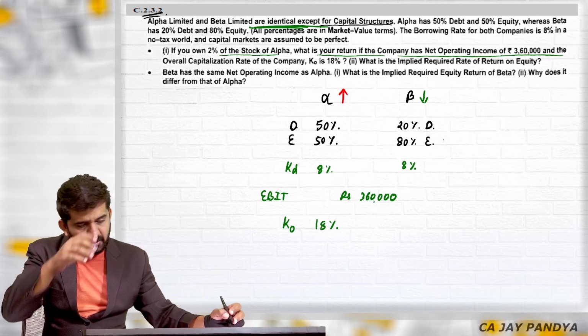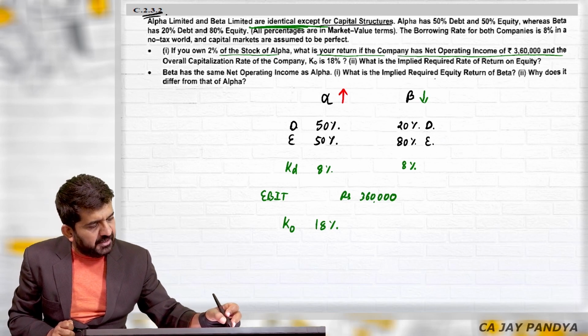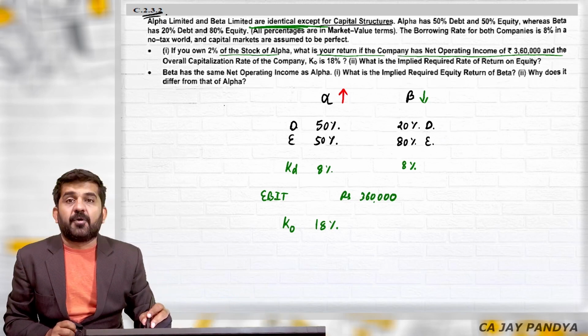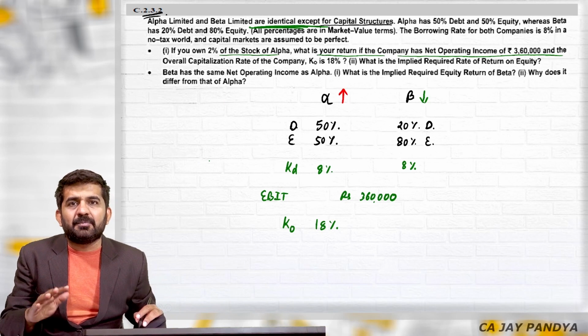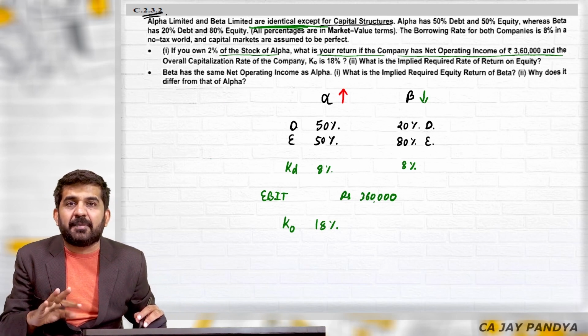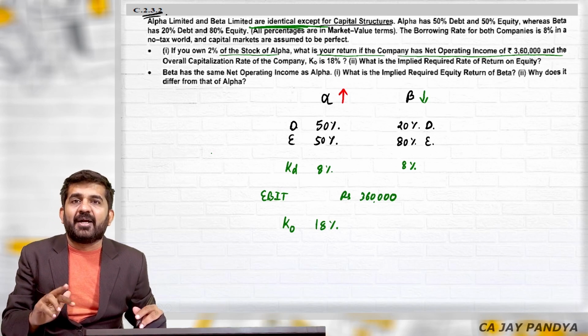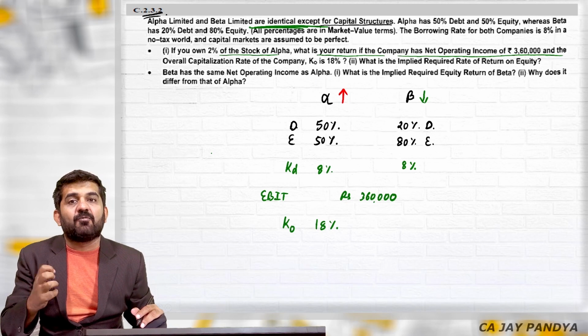Beta has the same net operating income as Alpha. What is the implied required equity rate of Beta? Why does it differ from Alpha? So if both the companies are the same in all respects except capital structure, we are asked to find out KE and then comment on why they are different.